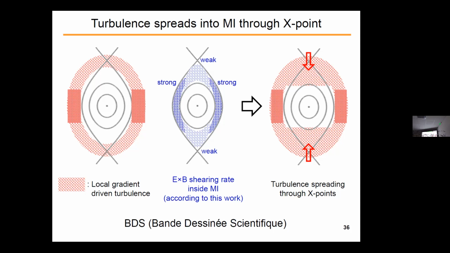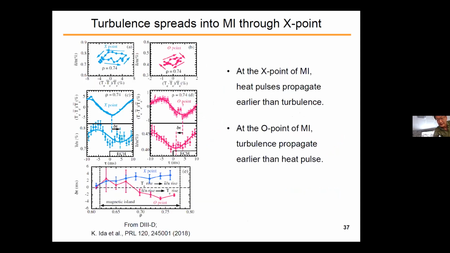So as a conclusion, the turbulence will penetrate through the X point and go into the interior. So this is my scientific cartoon. Okay. So we would like to claim that this calculation provides a plausible explanation of this experiment on DIII-D.